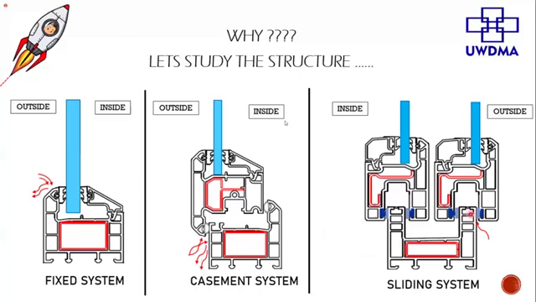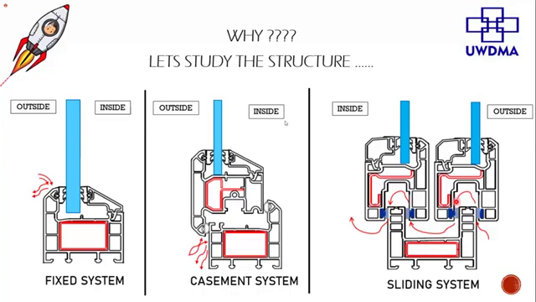Whereas in the sliding system, your wool pile doesn't give 100% sealing. It's a soft structure like wool. So your sound and air would enter somehow through this wool pile and these gaps, because as we all know, sound and air need very small space to enter.